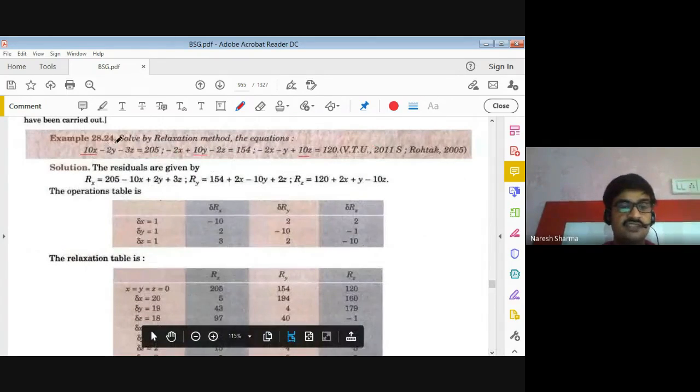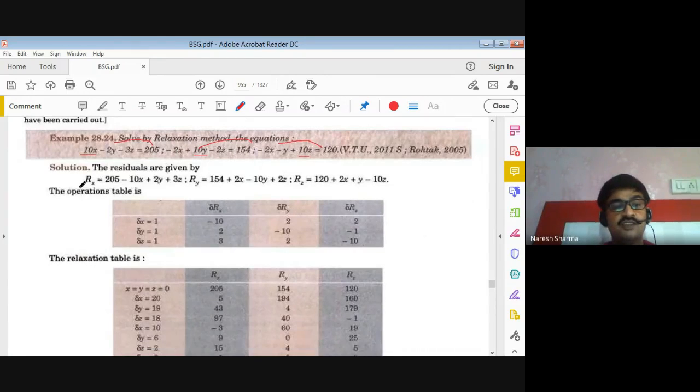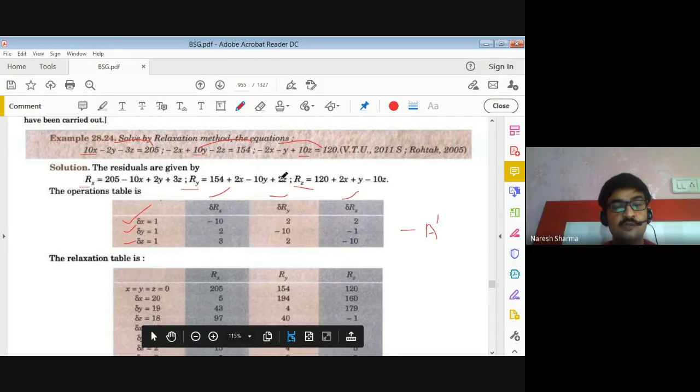So here you just shift all these values to the right side, and these become your residuals Rx, Ry, and Rz. Now you just write the minus A transpose, that is the change in Rx, change in Ry, change in Rz with respect to a change in X of 1 unit, change in Y, and change in Z of 1 unit. So this matrix is called the operation matrix or operation table.